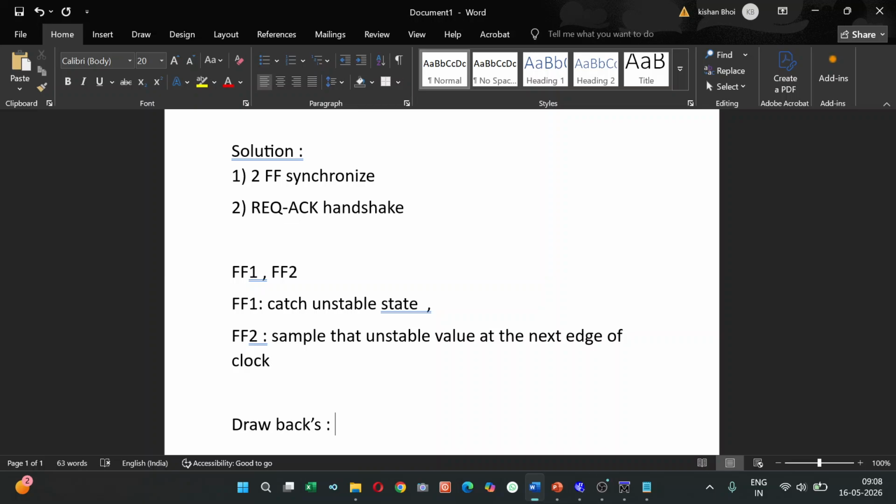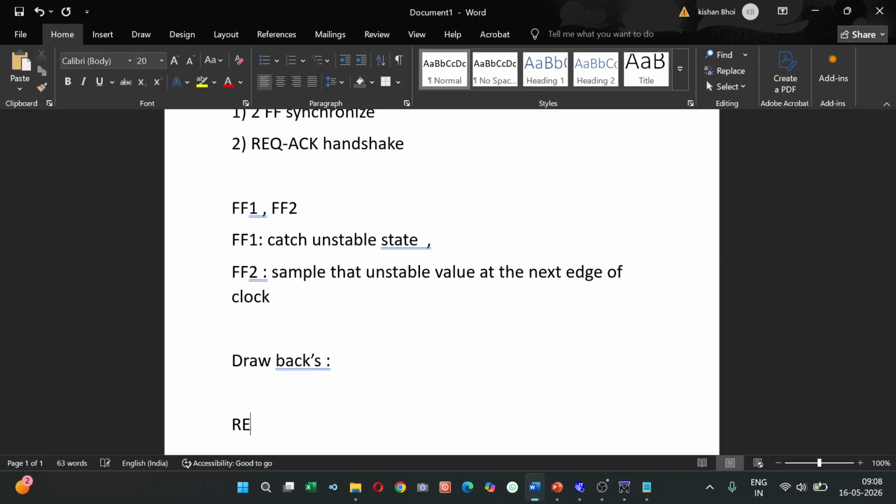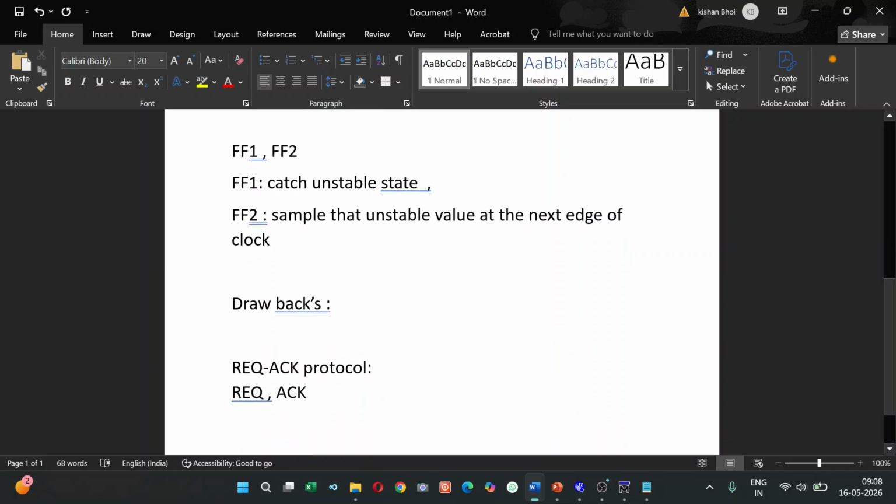Okay, now let's go on to the request and acknowledge handshake protocol. Request means REQ and acknowledge means ACK. Okay, there is a four-step architecture of the request and acknowledge protocol.